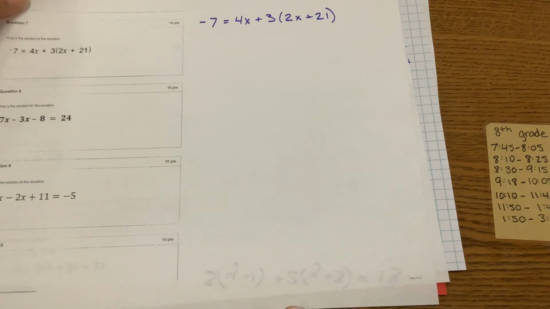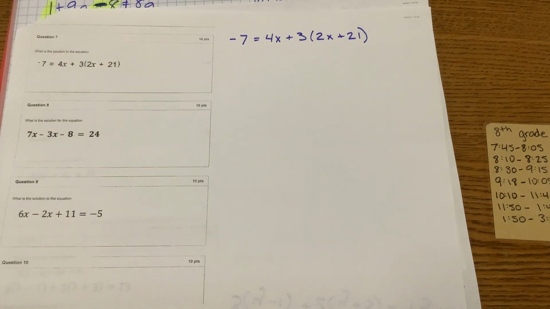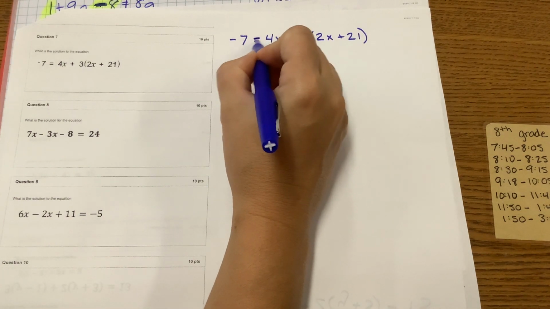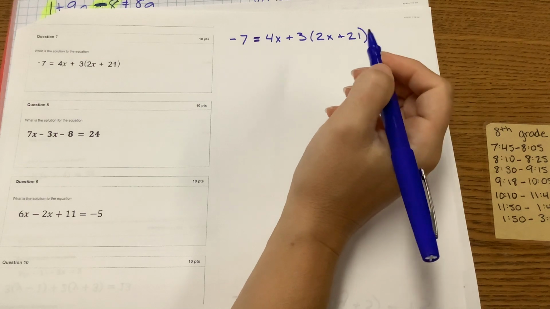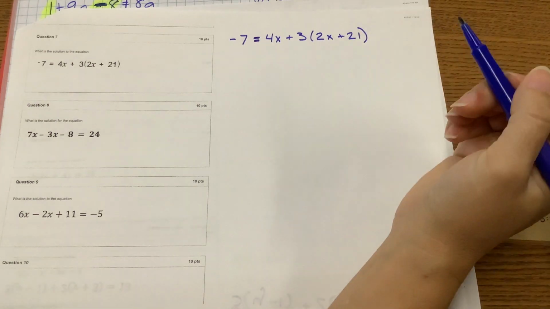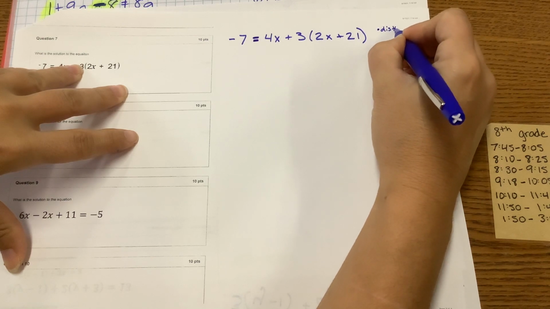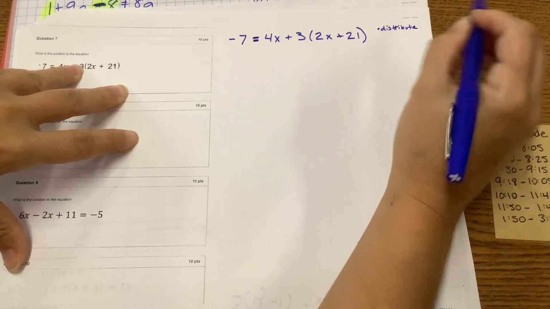Turn it over to question number 7. Okay, so if you look at this equation, you would start to ask yourself, do you need to do distributive property? And yes, we do see that we need to do distributive property. So we're going to distribute.